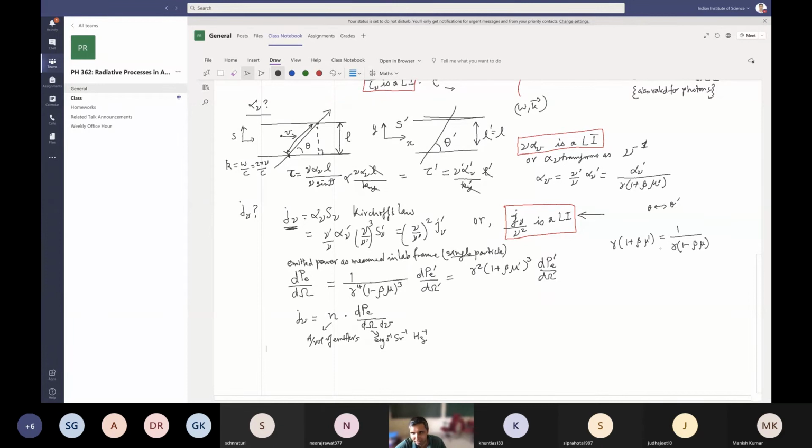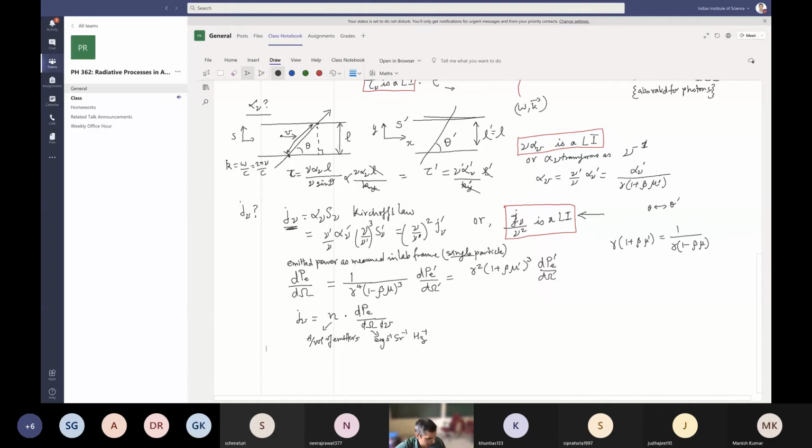Mu was cos theta. So this is what we are using to go from here to here. So 1 minus beta mu times 1 by gamma, so the cube gives you cube here in the numerator, and you divide by 1 by gamma extra, so this is fine.